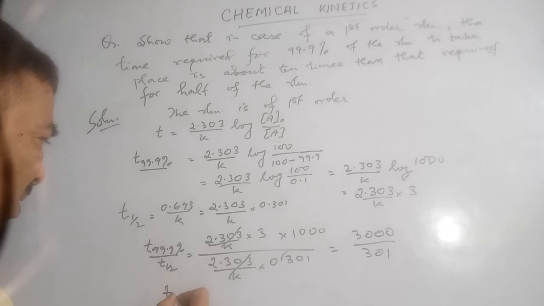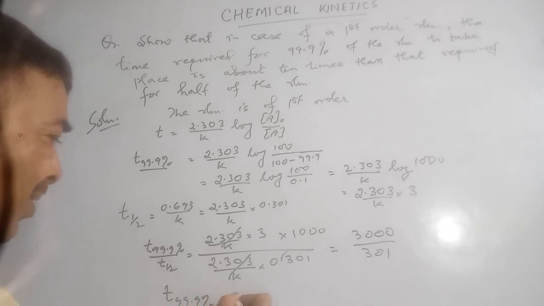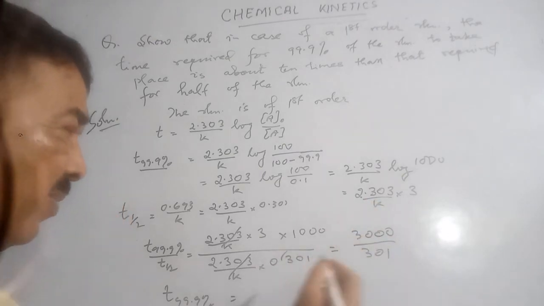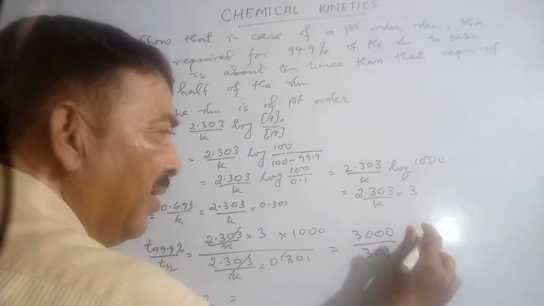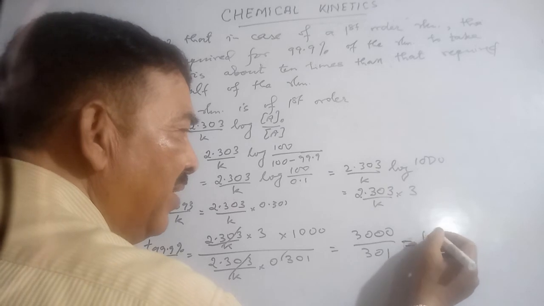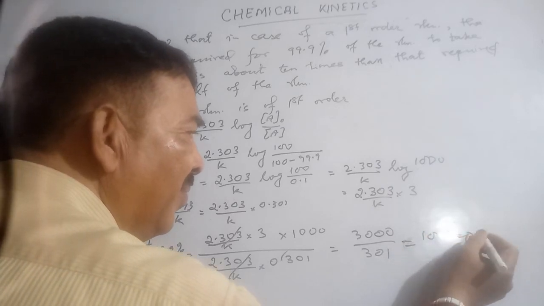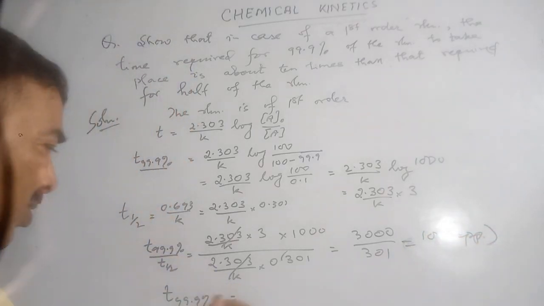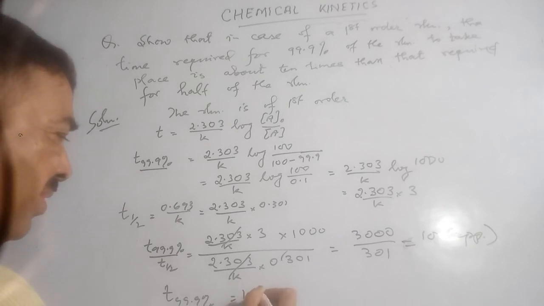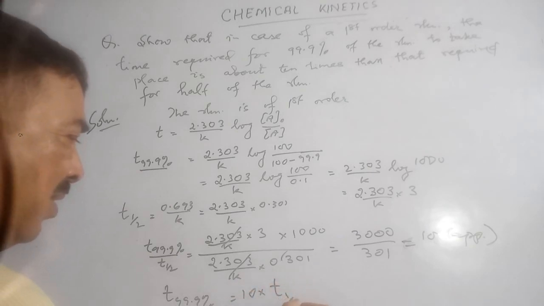So T 99.9% is approximately 10, so it equals 10 into T half.